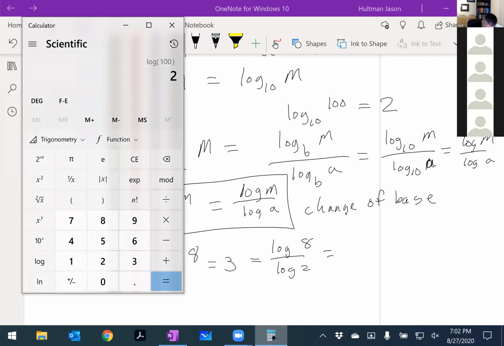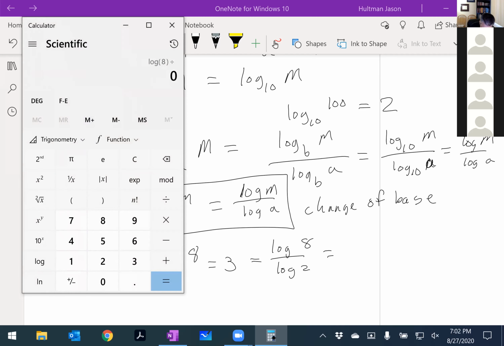Okay, let's see if it works. I'm going to clear this out. I'm going to go 8 log divided by 2 log. Oh, did I mess up? Log of 8 over log of 2. Why is this not working?